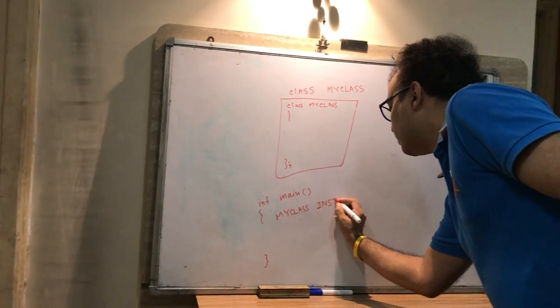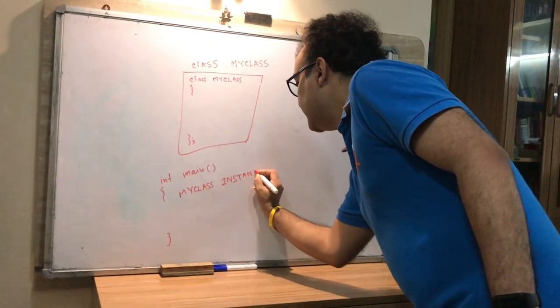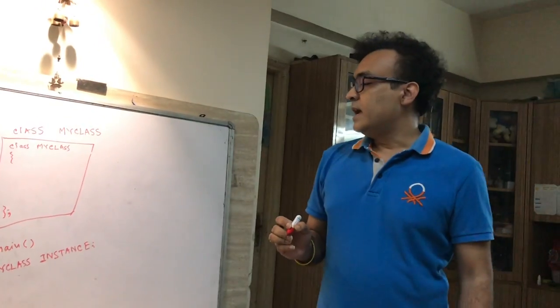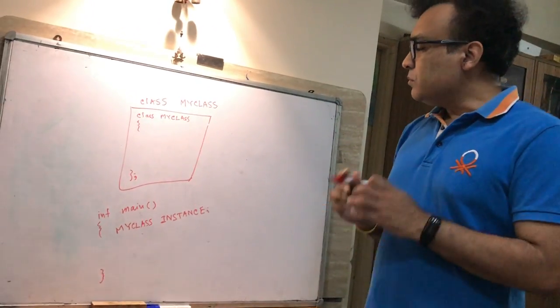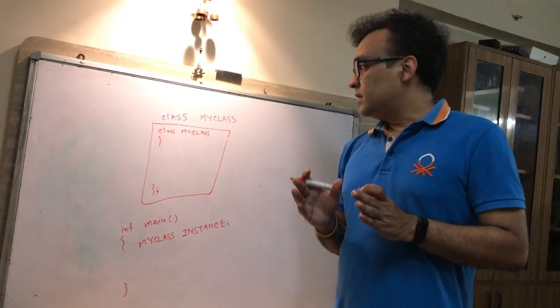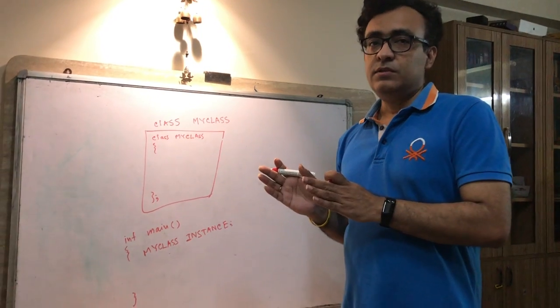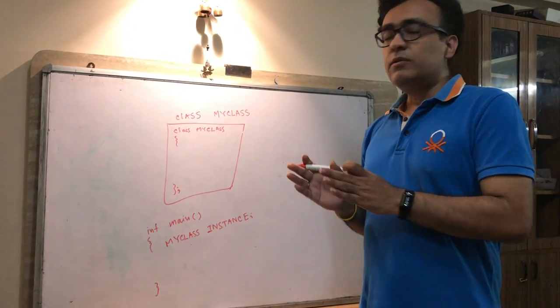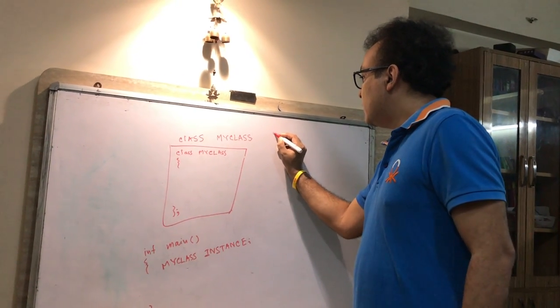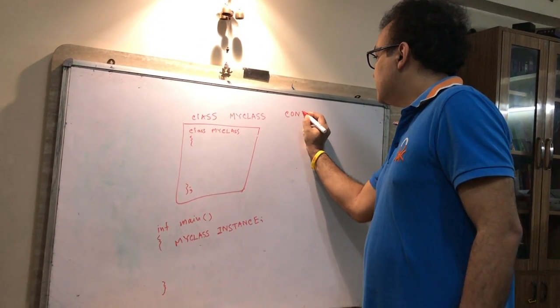Instance is basically a copy. You can make n number of instances for a particular class, right? And the most important factor of that, we will discuss the construction of the class itself. So it will be the memory allocation of the class and the constructor. The important thing of this is the constructor.